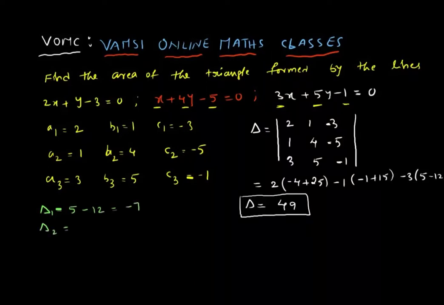Delta 2: the 1 3 combination, A1 B3, 5 2s are 10, minus A3 B1, 3 1s are 3, that is equal to plus 7. Delta 3: the 1 2 combination, A1 B2, 4 2s are 8, minus A2 B1, 1 1s are 1, that is again 7.